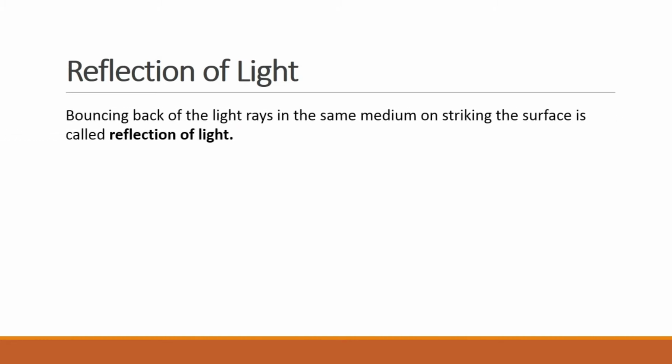Reflection. So first of all, what is reflection of light? The bouncing back of light rays in the same medium on striking a surface is called reflection of light. Whenever light falls on any object and that object reflects the light back, that is known as reflection.